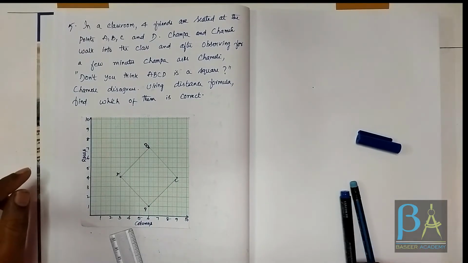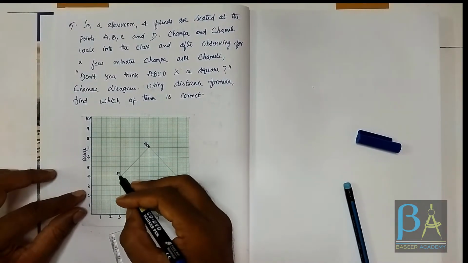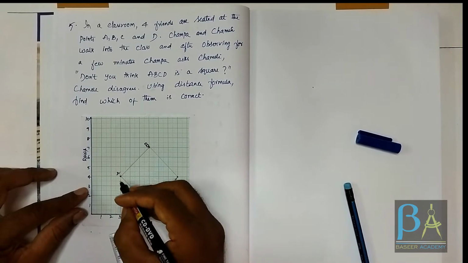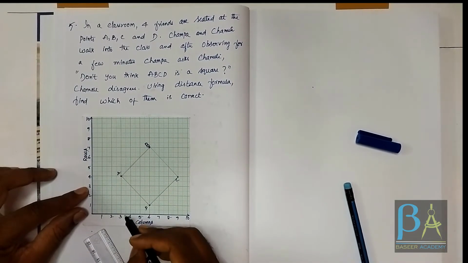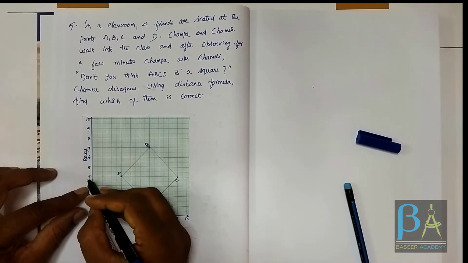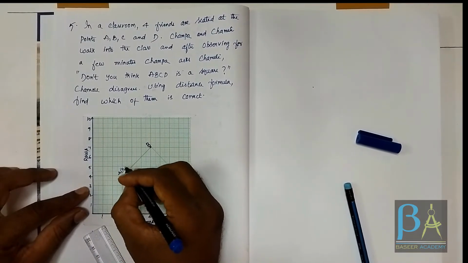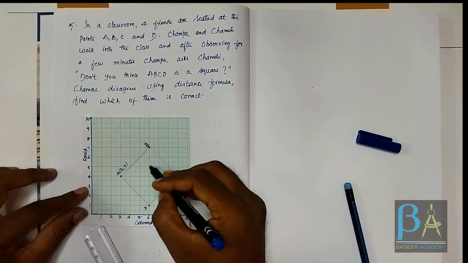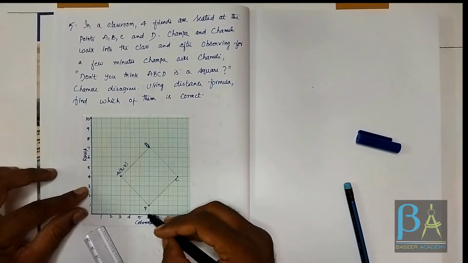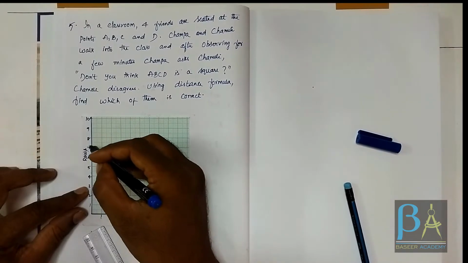First things first, let us write the coordinates of point A. What are the coordinates of point A? If I go towards the x-axis, it says 3 here, and then if I go towards the y-axis, it says 4 here. So the coordinates of point A are 3, 4. What are the coordinates of point B? If I go towards the x-axis, it says 6, and then if I go towards the y-axis, it says 7.